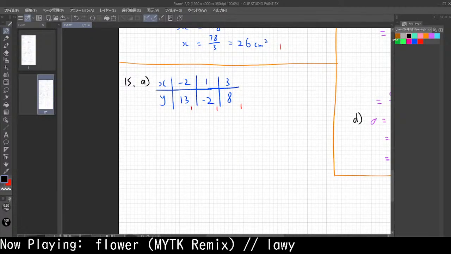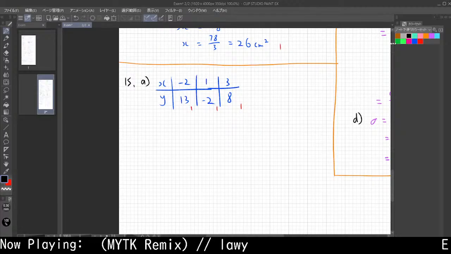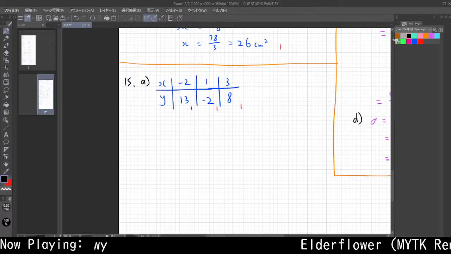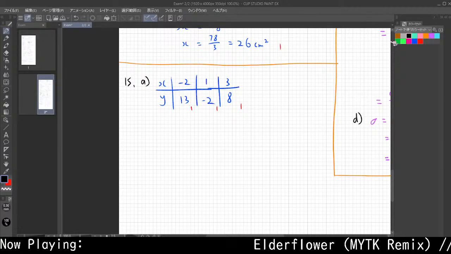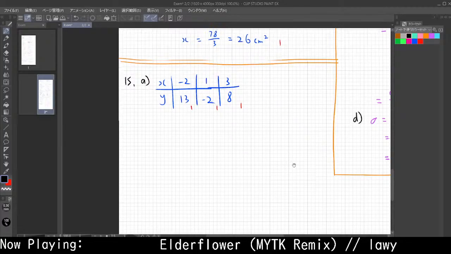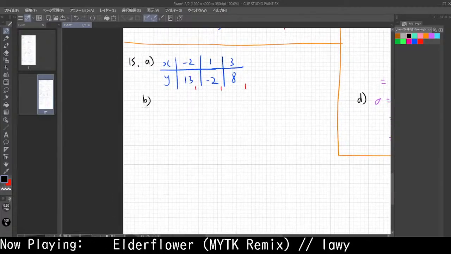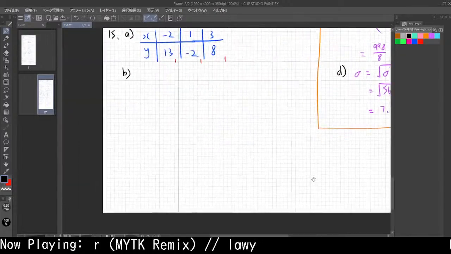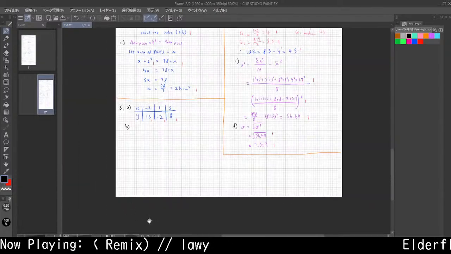Part B. By using a scale of 2 cm to 1 unit on the x-axis and 2 cm to 5 units on the y-axis, draw a graph of y equals x cubed minus 8x plus 5 for x from -3 to 4. I will draw it out in its entirety, but I don't have enough space, so let me extend the canvas a bit.